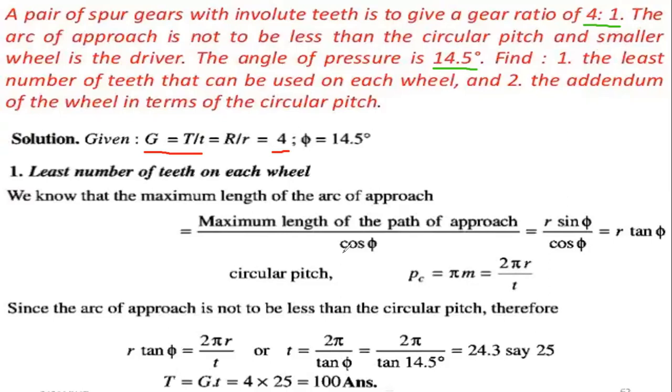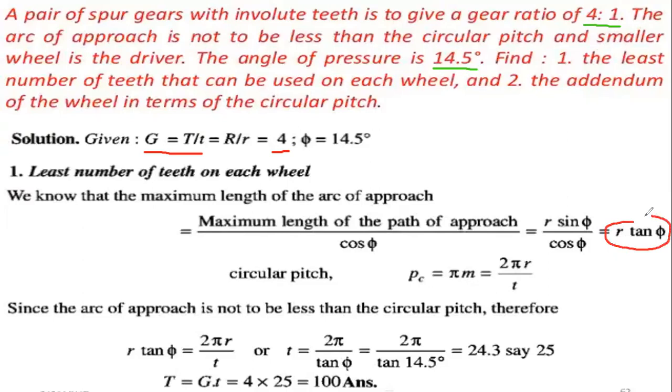Total we got r tan phi. So it is r tan phi.